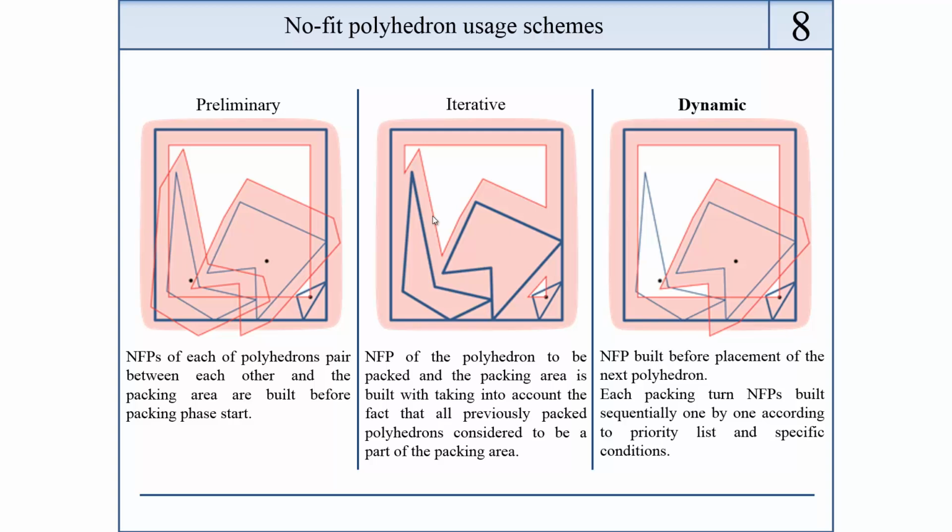The second scheme is based on the idea that the NFP of the polyhedron to be packed and the packing area are built taking into account the fact that all previously packed polyhedrons are considered to be part of the packing area. In the middle picture you can see that the border of the area permitted to place objects consists of 3 separated parts.